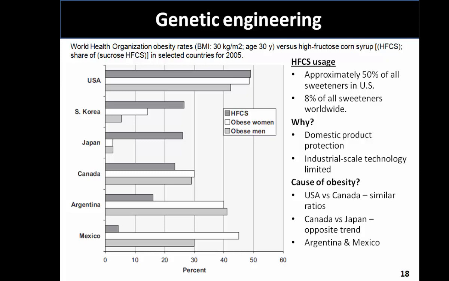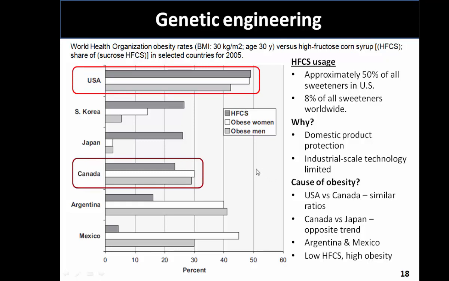And when we examine Argentina and Mexico, we see that these two countries have a fairly low per capita intake of high fructose corn syrup, but also have very high obesity rates. So when we examine the graph here on the left-hand side, here we see the percent of the population that fits the obese category.